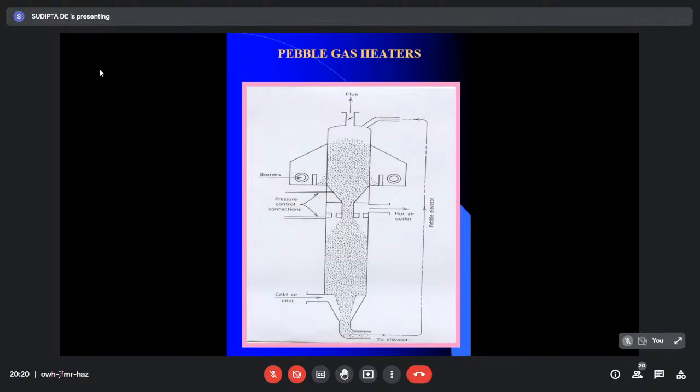However, next sentence, however, the pressure drop of the air as it passes through the pebbles also increases with higher particle density, causing more power required for the fan or blower.